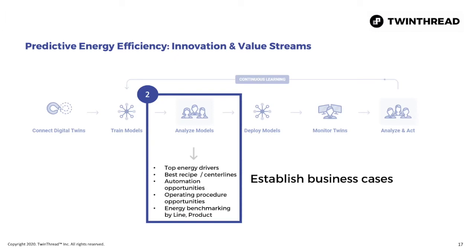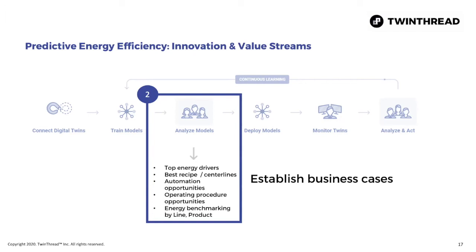There's always a surprise in what's driving energy, whether it's the absolute top energy driver or maybe the 6th or 7th in the top 10 list. And out of this process also comes that best recipe that we talked about, as well as identifying best operating procedures, as well as the benchmarking.